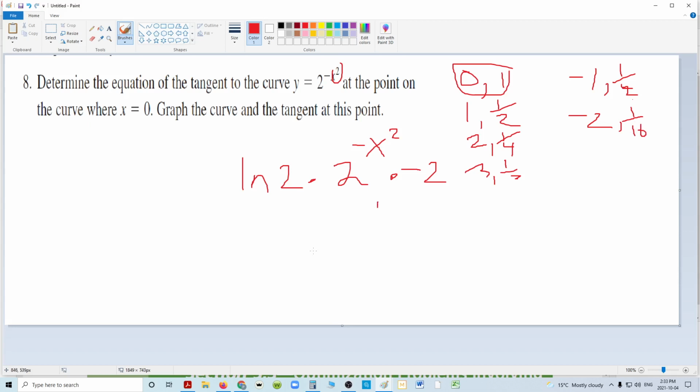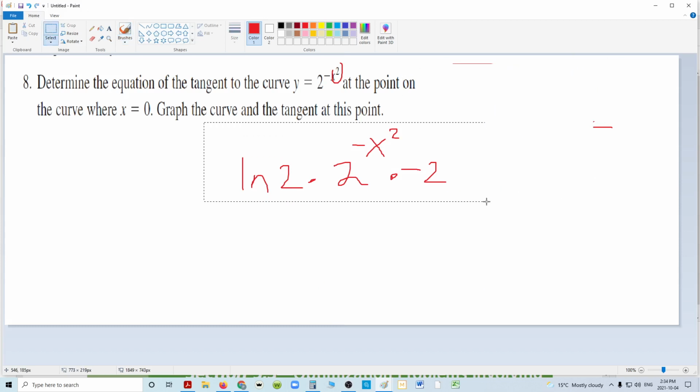So it seems to be doing this weird bump here, because it's going up and then down, and 0, 1 appears to be the highest point. So here's the formula for it. We're going to set it equal to 0.